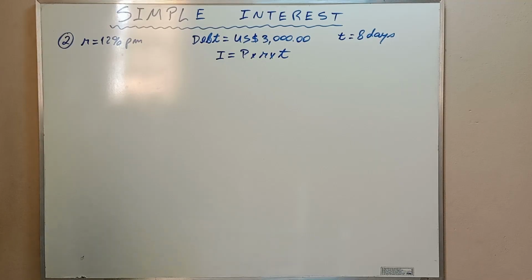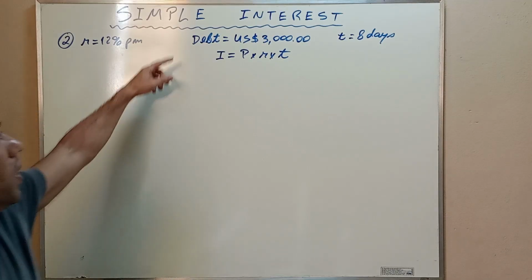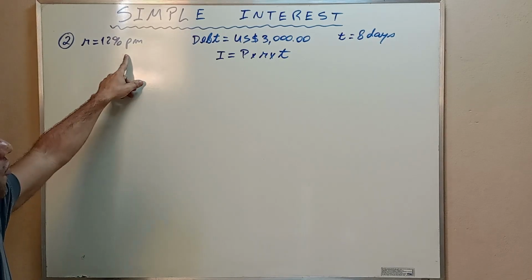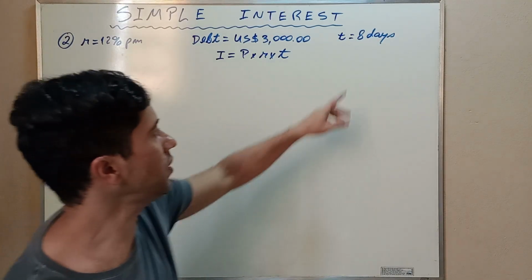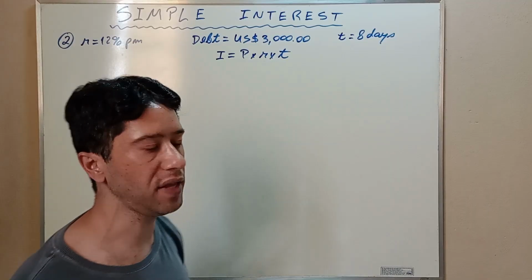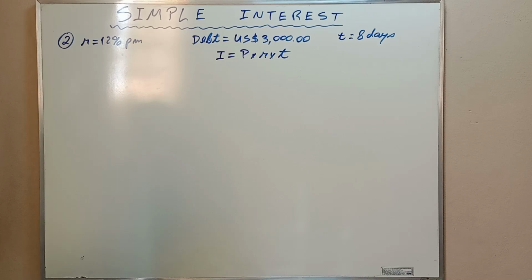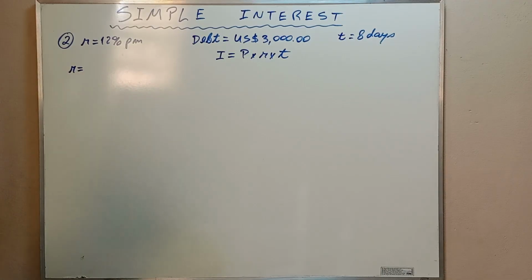And the principal was said to be $3,000. We already have the principal $3,000, and the interest rate is 12% per month. But here we have a period of 8 days, not a month, 8 days. Alright, then what we need to do, we need to convert the interest rate from a monthly basis to a daily basis, okay?